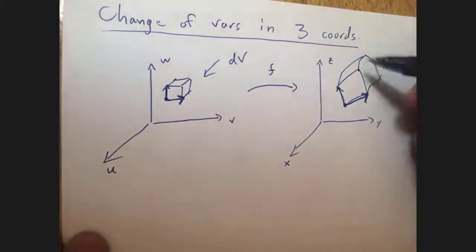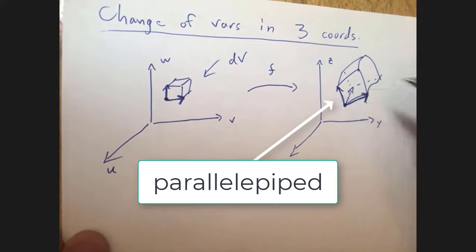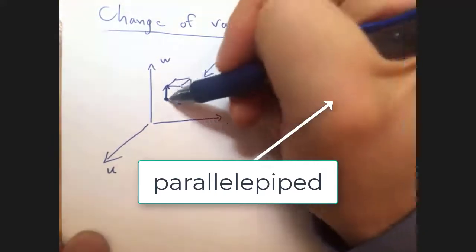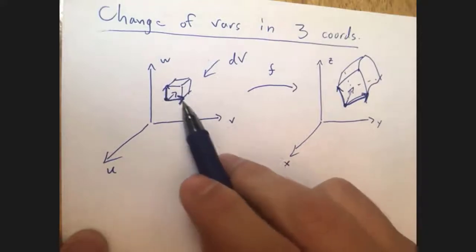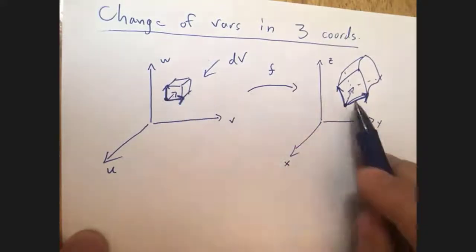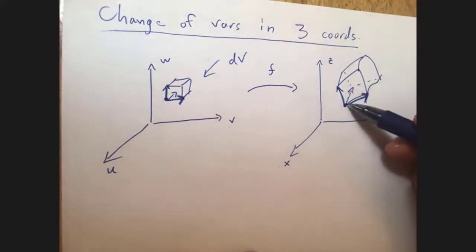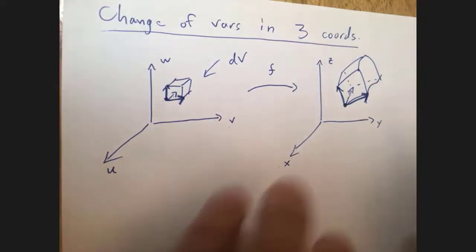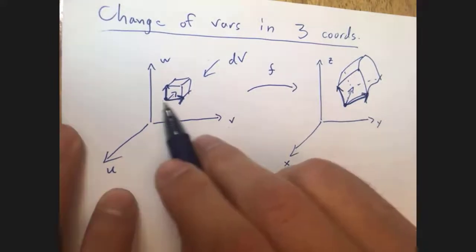This three-dimensional thing is a parallelepiped. If I look at the three vectors that define this cube, it's a parallelepiped that happens to have all its vectors at right angles. When they come into these coordinates, they may not be at right angles to each other anymore. So we want to find the volume of that parallelepiped.